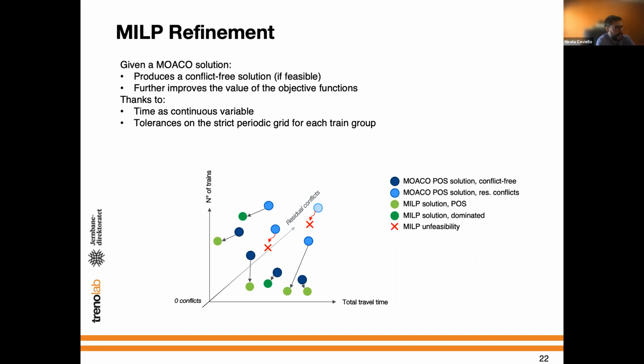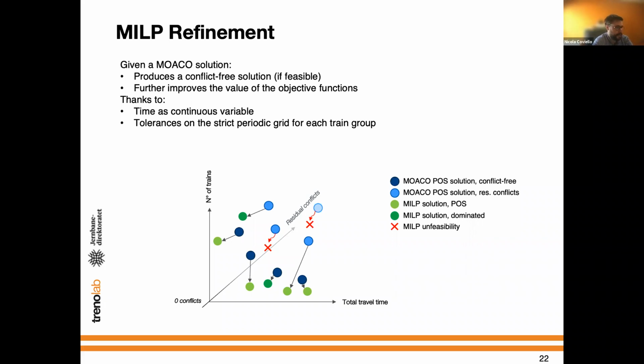And on the other side, the ants enforce strict periodicity between trains of the same periodic groups, even if a certain degree of tolerance could be allowed. For instance, we could allow trains belonging to the same groups to deviate from the strict periodic grid of maybe 1 minute in certain stations. This could be very useful in order to reduce residual conflicts, as well as to improve the objective function values.